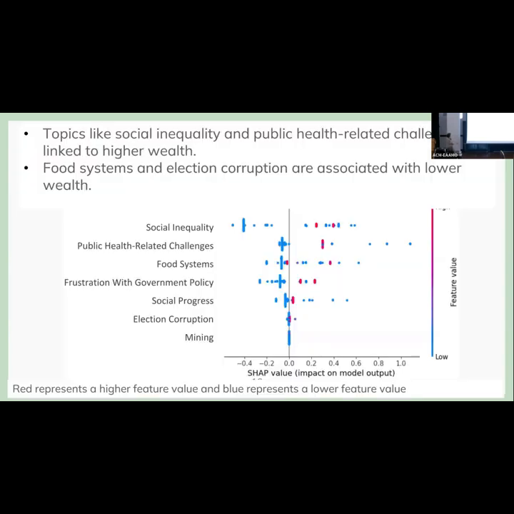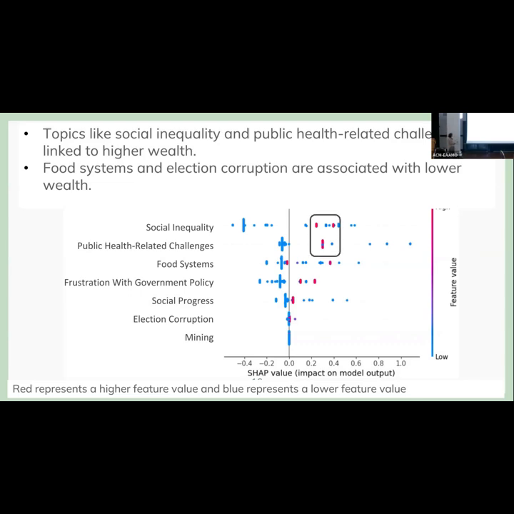And not only accuracy, but we can also see which topics are more relevant to poverty prediction. As you see here, social inequality and public health related challenges are correlated with higher wealth.